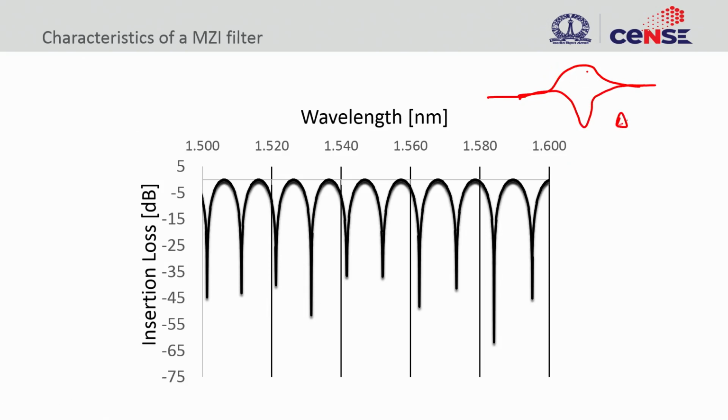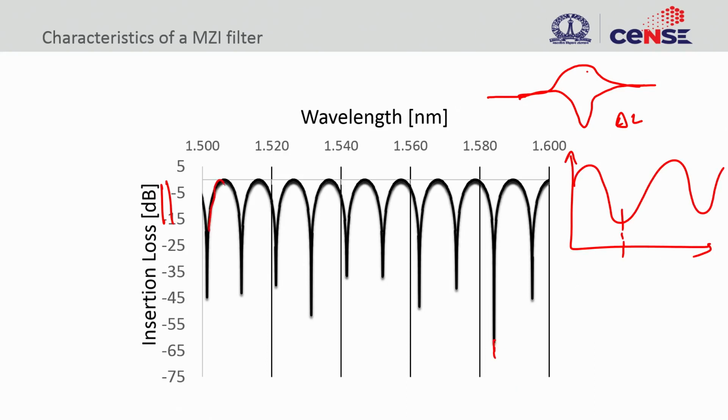So there is a delta L that we had, and based on this I have this. Why do you have such a spectrum? This is in dB scale, which is nonlinear. When you have a linear scale, you would see something like this. So all these points are nothing but here.